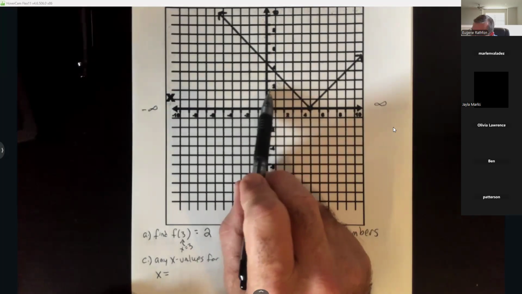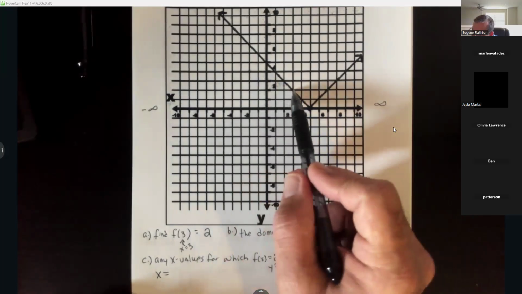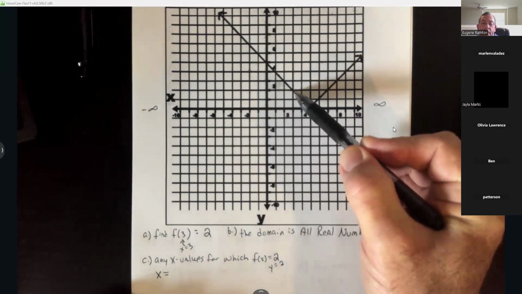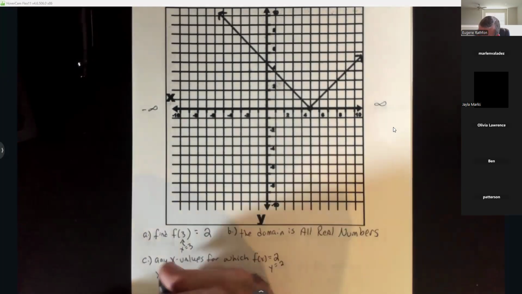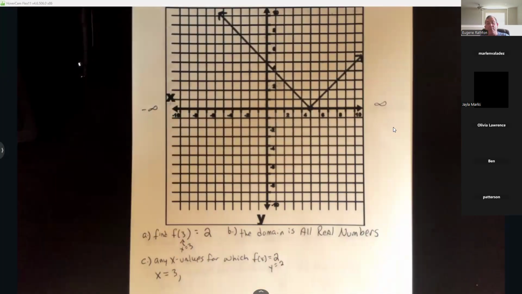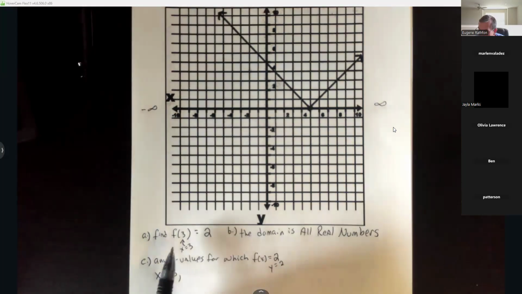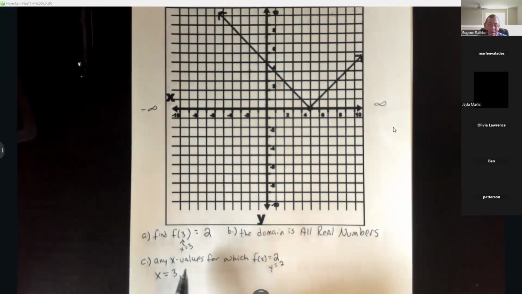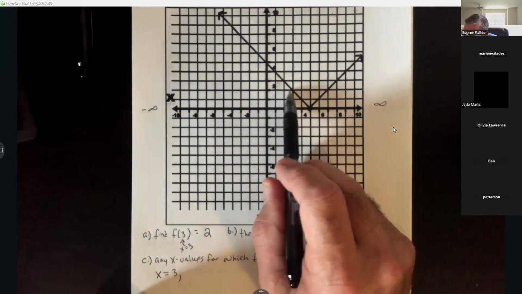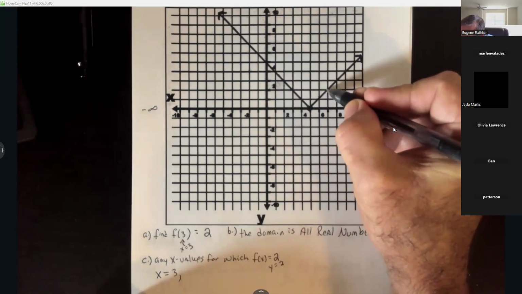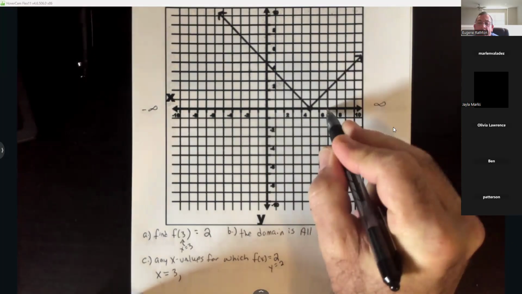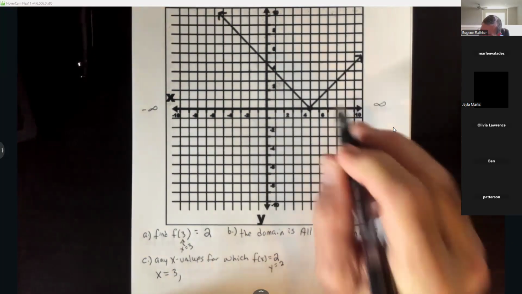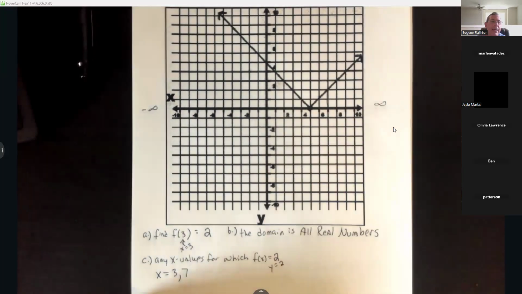So, here's 2 right here. So we got this point. Well, that had an x value of, what's that, 3? Well, we knew that one would be there because remember, a while ago, f of 3 equaled 2. So now they're giving me the 2 and I'm finding the x, which was 3. But look here, there's also another point right here. This point, if I come straight down, looks like that has an x value of 7.